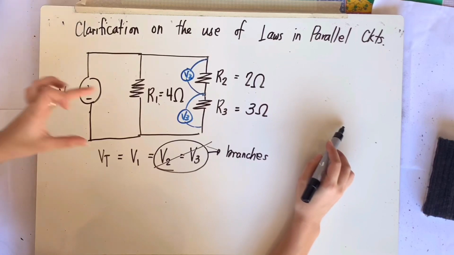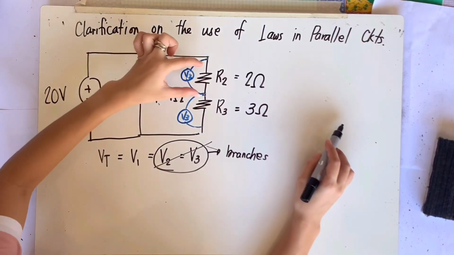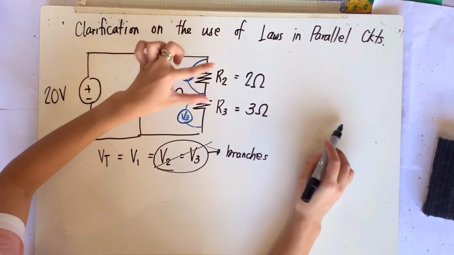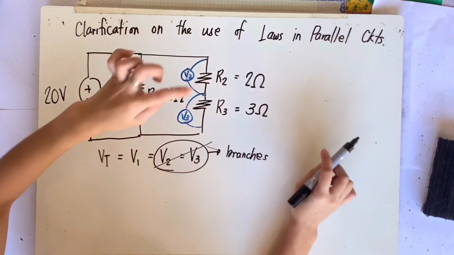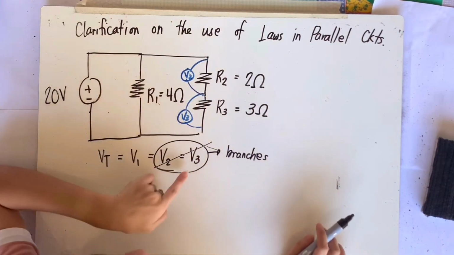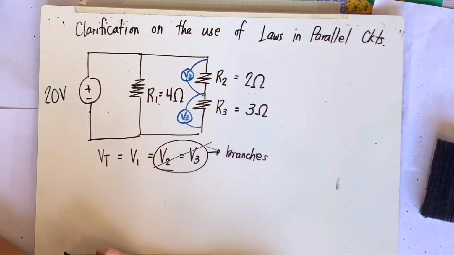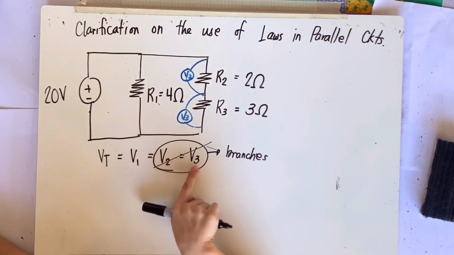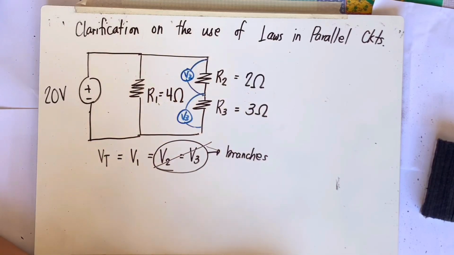Kasi hindi equal si V2 kay 20 volts at hindi rin equal si V3 kay 20 volts. Yung V2 na nandito, hindi yun yung V2 na tinutukoy ng ating formula. At ganun din, yung V3 na nakita mo dito sa circuit mo, hindi yun automatic equal dun sa V3 na binabanggit ng formula ni parallel circuit. Tatandaan, yung laws po ni parallel circuit ay applicable lamang kung branches ang pinag-uusapan natin.